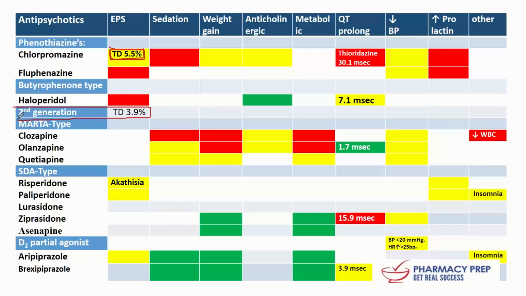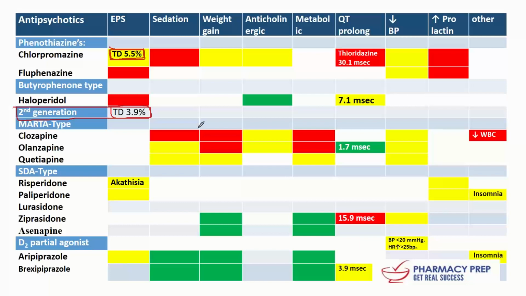Second generation has fewer extrapyramidal symptoms, especially with tardive dyskinesia. Tardive dyskinesia is one of the extrapyramidal symptoms, involving involuntary movements such as chewing motions.